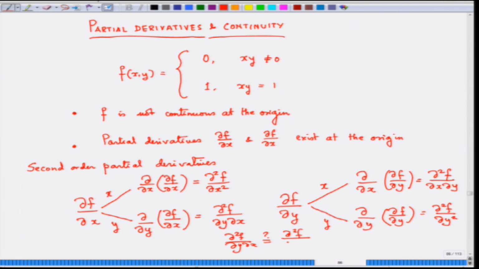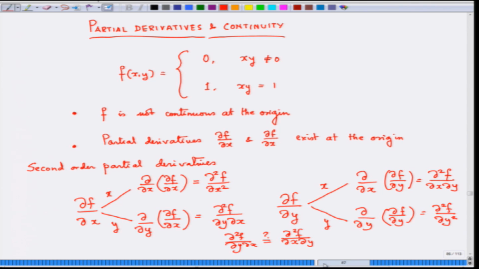It is actually a very deep result in analysis or calculus. It says that these 4 different second order partial derivatives that you see are functions of x y, and if each of them is continuous as a function of x y, then the two mixed derivatives del 2 f del y del x must equal del 2 f del x del y.